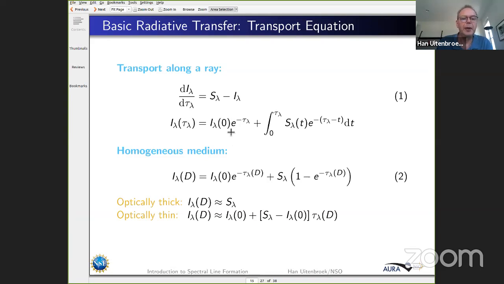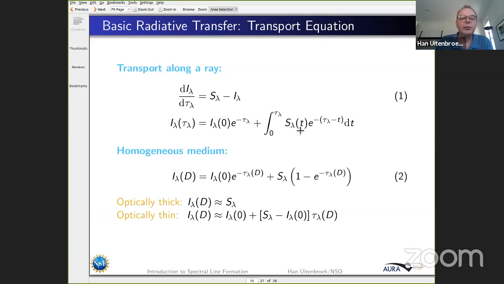But we can transform this differential equation in a very simple way into an integral equation. And this integral equation is called the formal solution. Again, it is not a closed equation in this case, because in general, this source function can depend on the intensity itself.